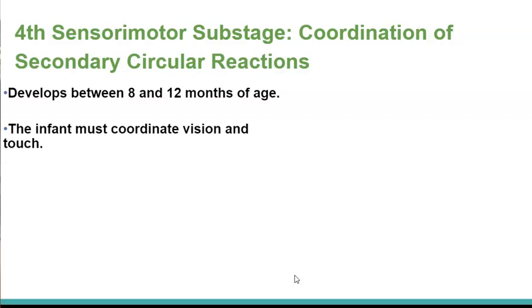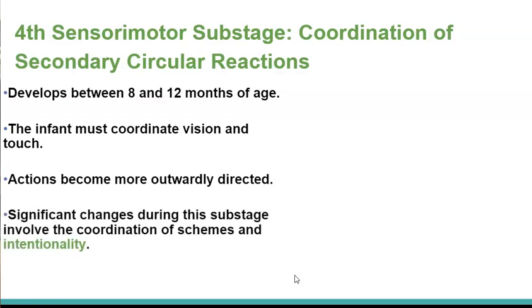What they feel and what they see are things that the infant has to coordinate. During this fourth stage, children begin to have actions that are more outwardly directed. So they're not mainly focused on themselves anymore. They're more focused on the environment and what they can do to change the environment around them.